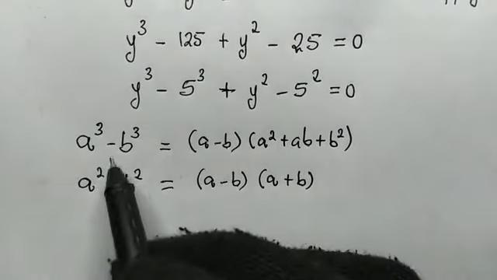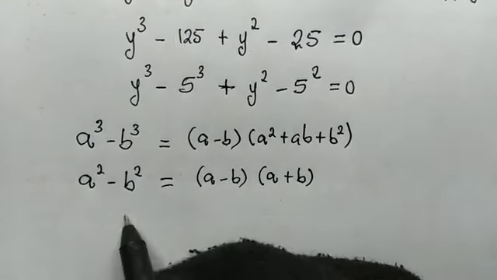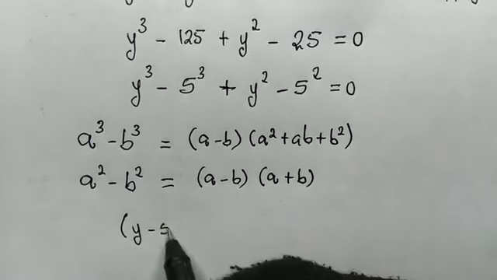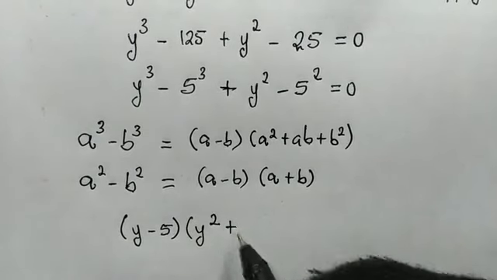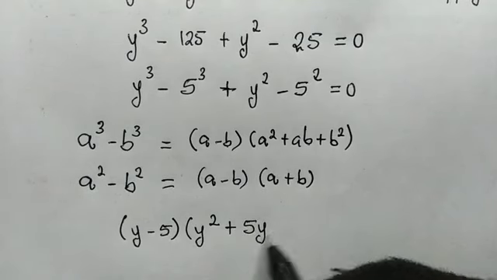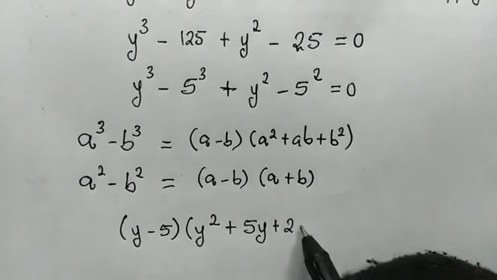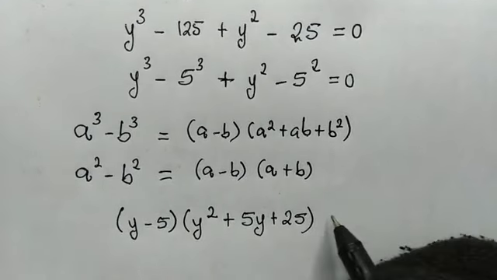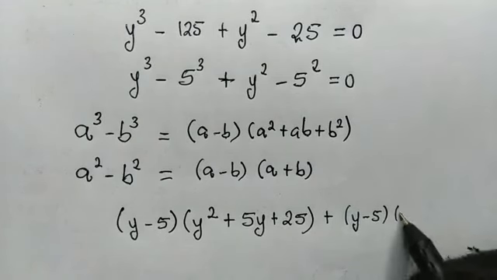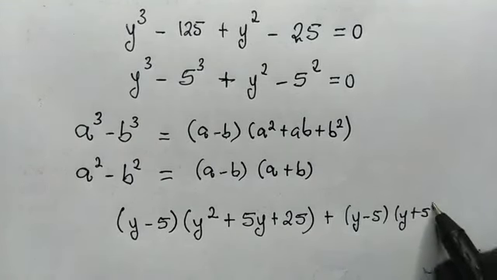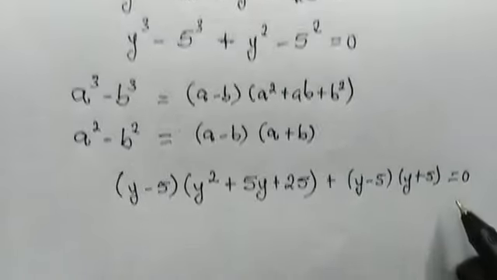So here we're going to make use of these identities. That will become y minus 5 into bracket y squared plus 5 times y plus 5 squared, which is 25, plus y minus 5 multiplied by y plus 5, and this is equal to 0.